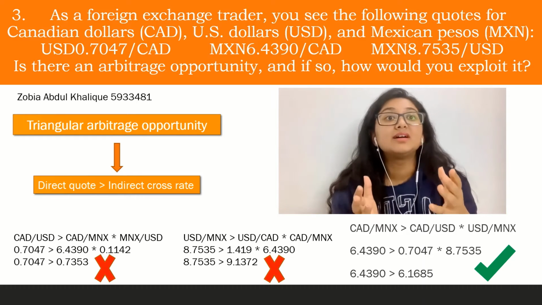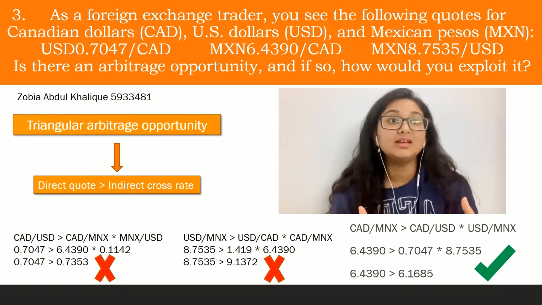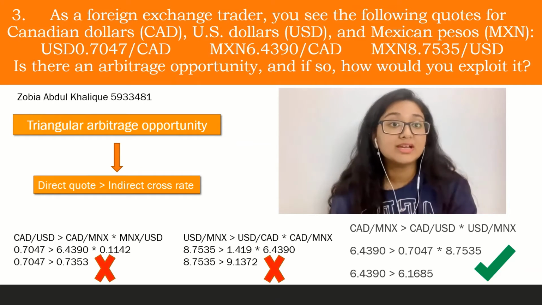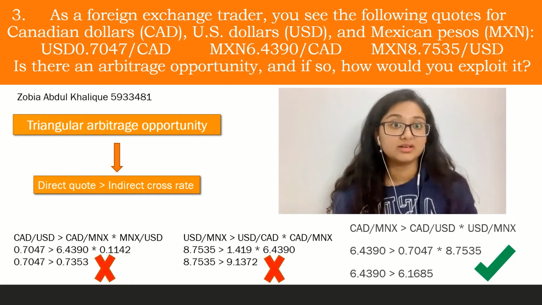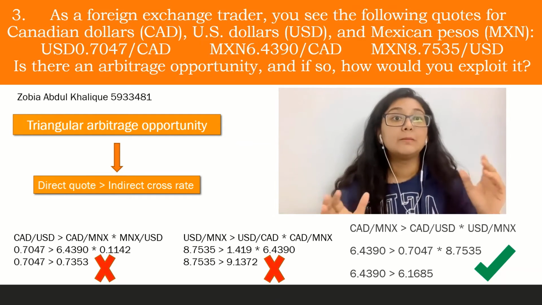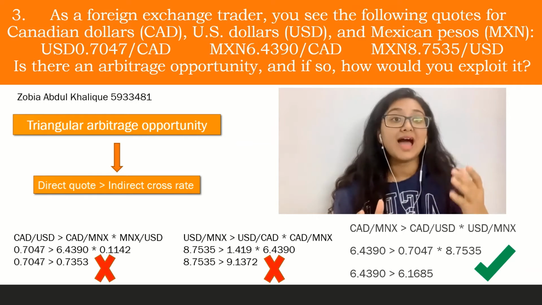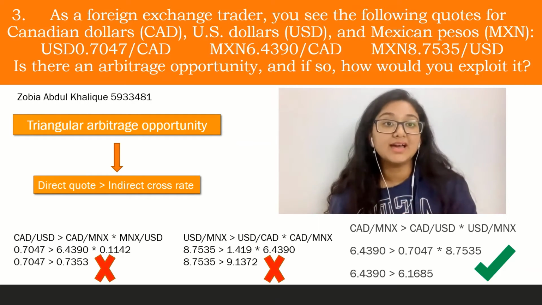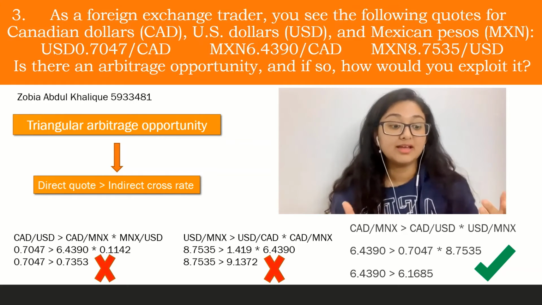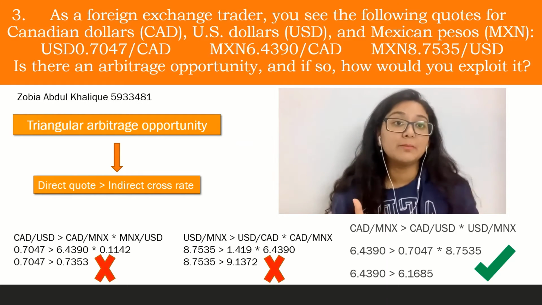We have CAD versus USD and USD versus pesos. In both of these, the direct quote is less than the indirect cross rate, so there is no opportunity. But in our third case, CAD versus pesos, the direct quote is greater than the indirect cross rate. Hence, there exists an arbitrage opportunity.